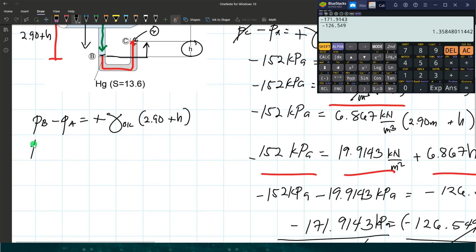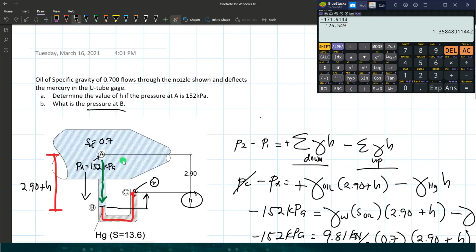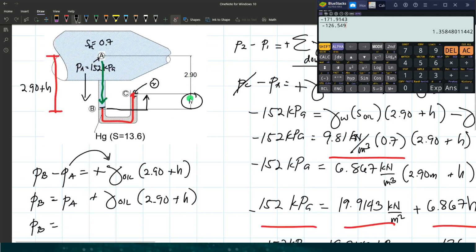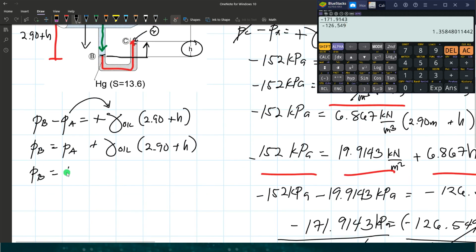So let's rewrite the equation. Transpose pressure A to the right-hand side of the equation, it becomes positive. So PB equals PA plus the unit weight of oil times 2.9 plus H. So pressure at B is equal to pressure at A, given 152 kilopascal, so positive 152 kilopascal, or kilopascal is kilonewton per square meter, so that's the same.